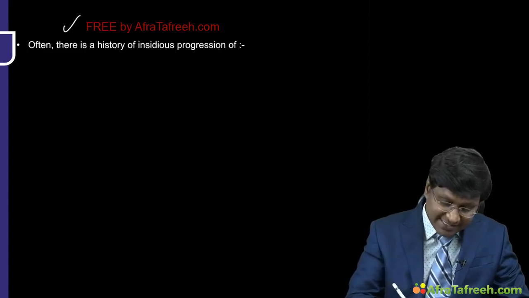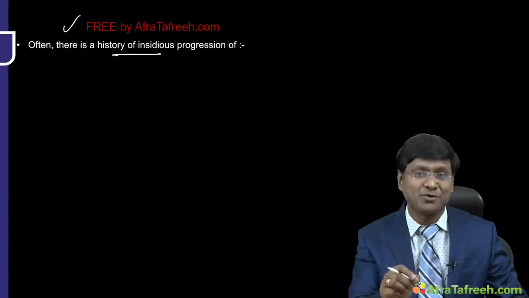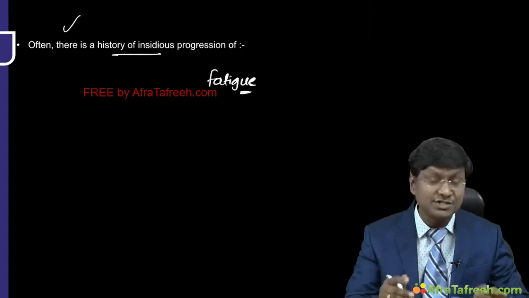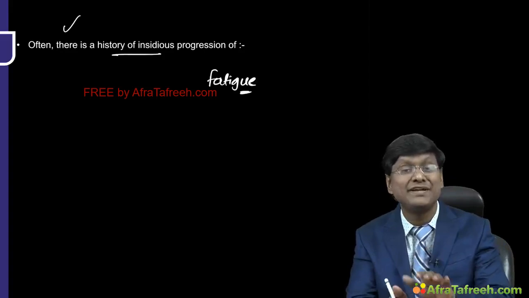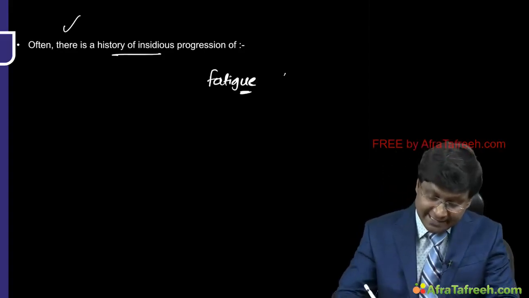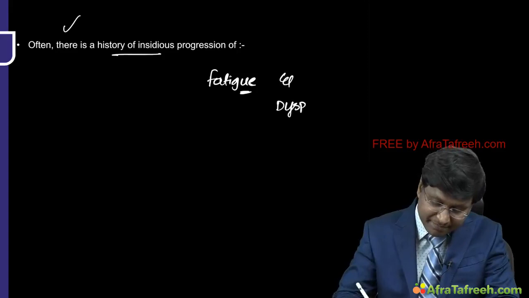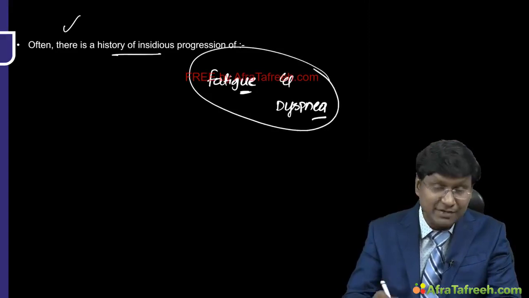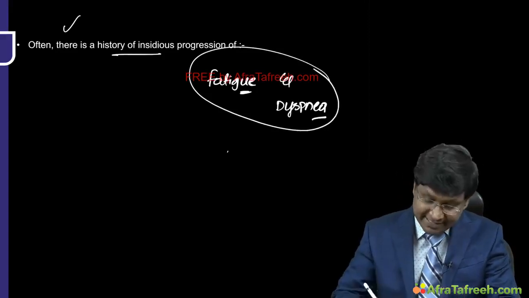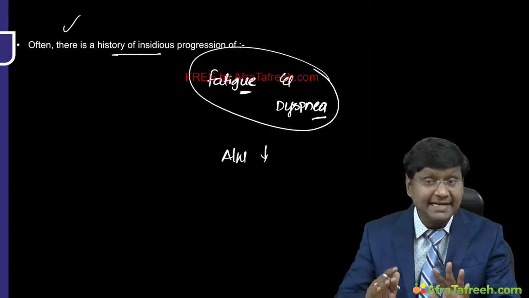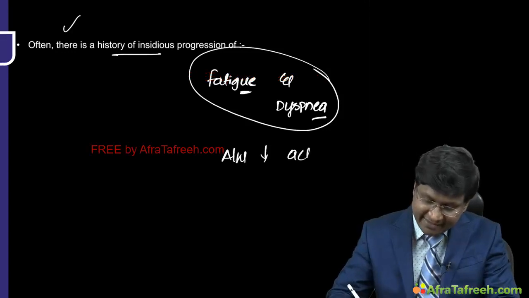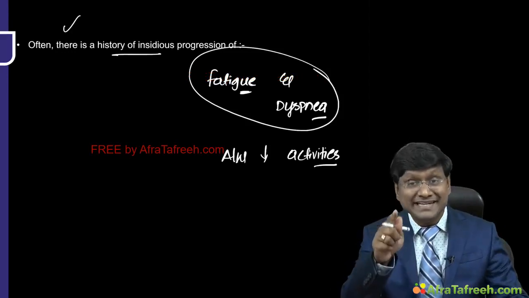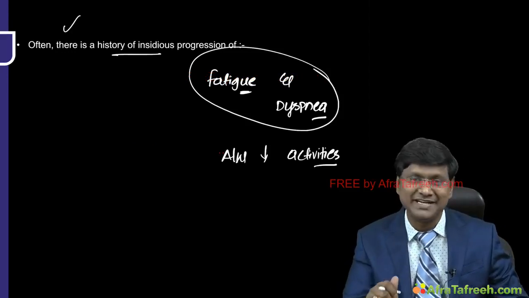Initially these patients present with fatigue, because of decrease in cardiac output, and there can also be development of dyspnea. Both fatigue and dyspnea are associated with a decrease in the daily activities of the individual, right?